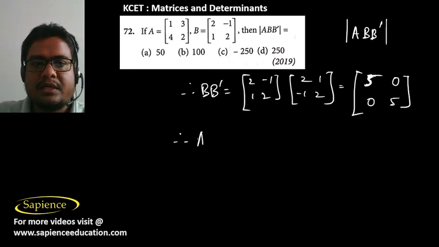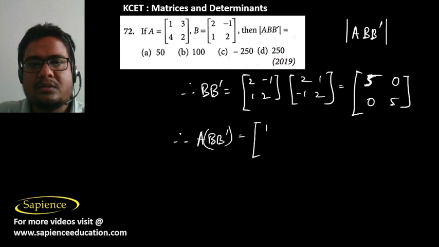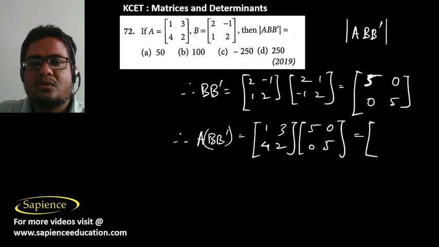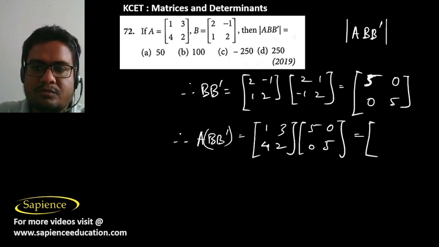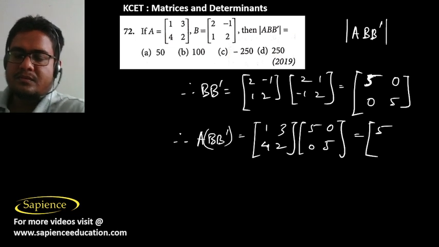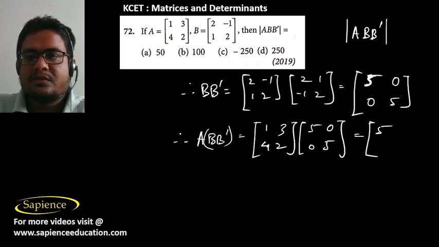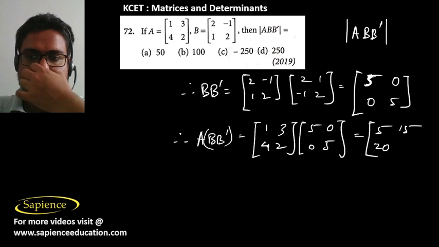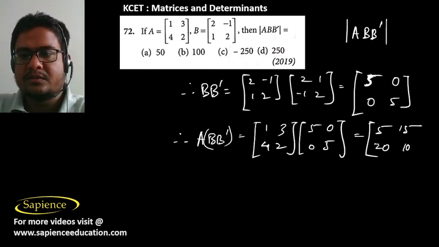Now therefore A into B transpose will be equal to A, which is 1 3, 4 2, into 5 0 0 5, equal to 5 plus 0, that is 5, 15, 20, 10.